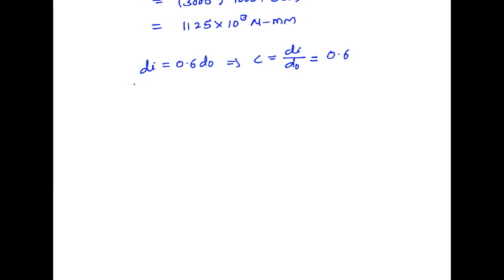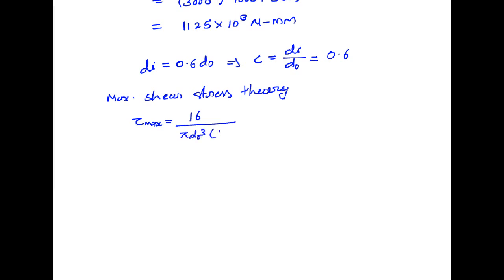And if we apply the maximum shear stress theory, the formula for tau max is 16 divided by pi DO cube into 1 minus C to the power 4, into the square root of MB square plus MT square. And if we put all the values, we can find out the value of DO.